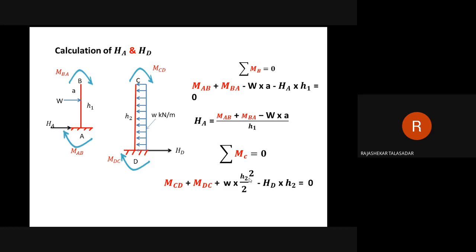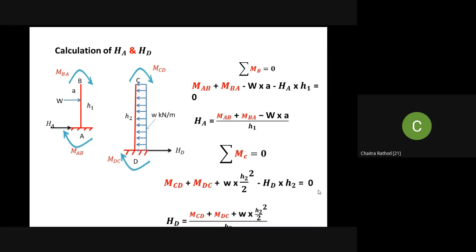Then the moment due to HD will be anti-clockwise, so minus HD into H2 equals to 0. Therefore, HD equals MCD plus MDC plus W H2 square by 2, divided by H2. This is how you need to calculate the horizontal reactions. Is this clear?